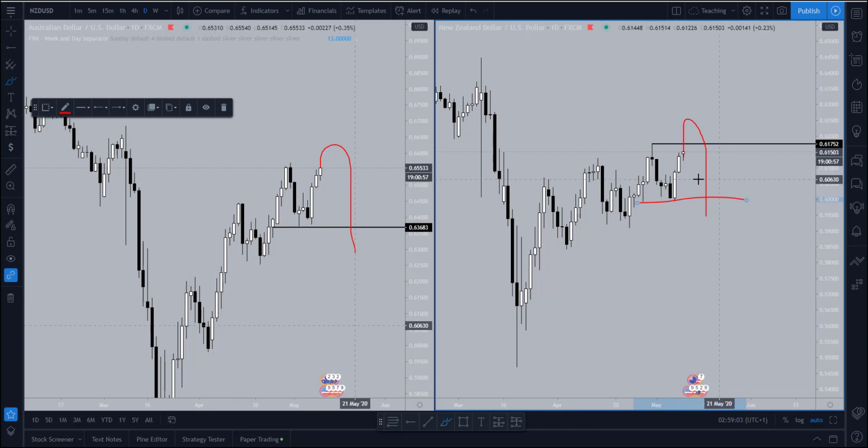That's something I'm looking forward to this week. I'm watching closely to see if I see any signs of rejection. Once we go above this high, then I'll be interested in a short to come back down. I think that's it. These are the two pairs I'm watching closely this week.